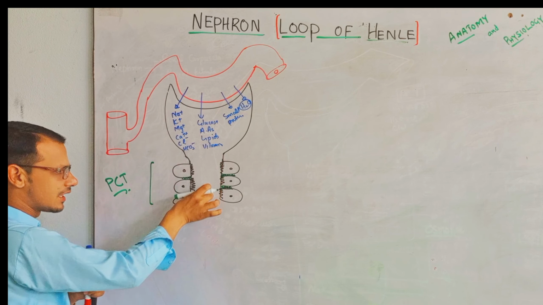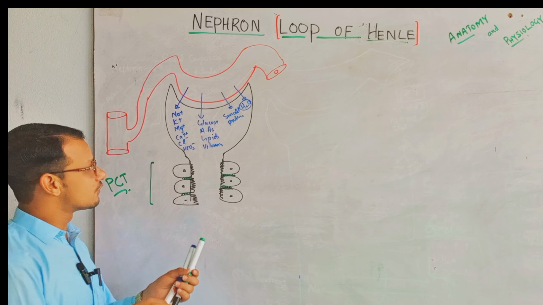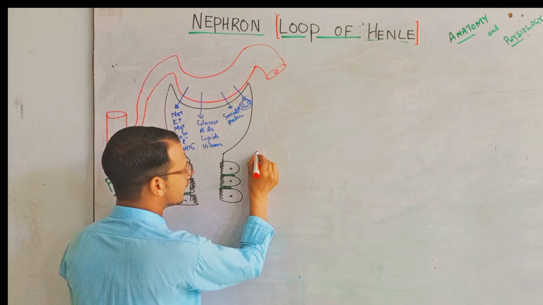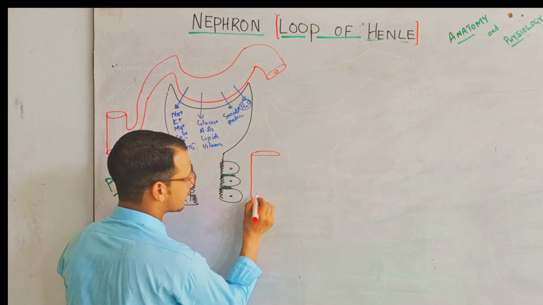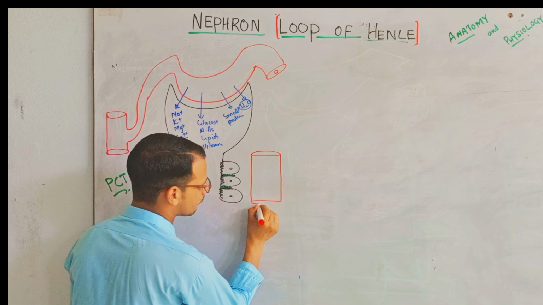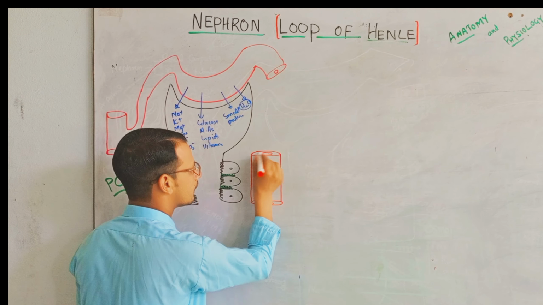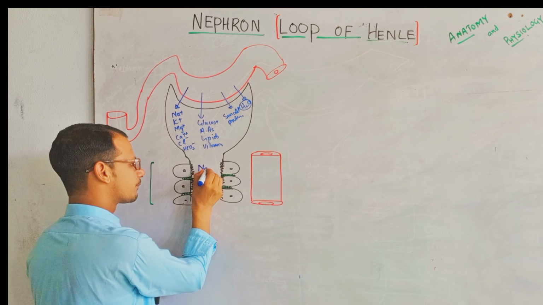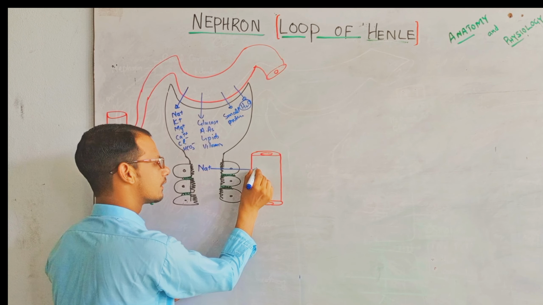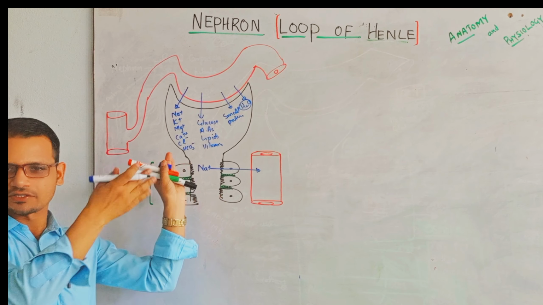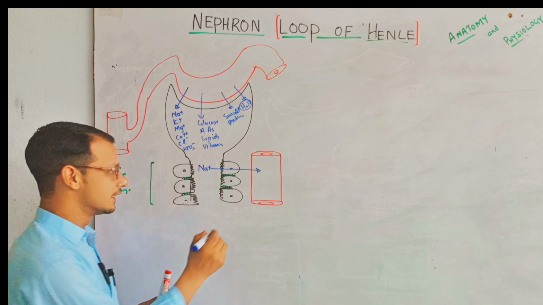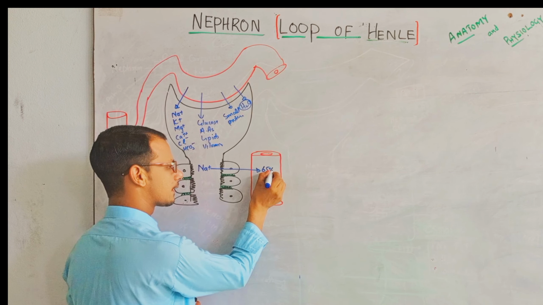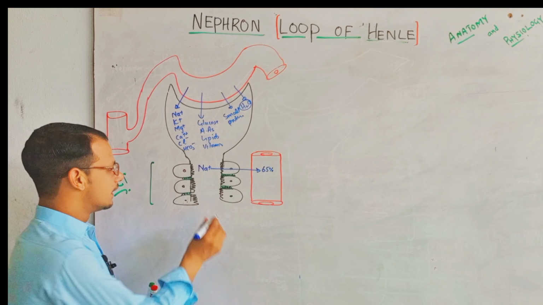When they are passing from the proximal convoluted tubules, for example, this is the peritubular capillary. Right? Sodium is reabsorbing from this area. By which mechanism, we have discussed in the proximal convoluted tubule. How much? 65%. Right?